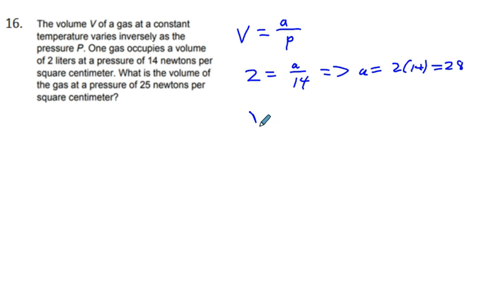So we have volume equals 28 over P. Now, volume is equal to 28 over 25, and so that's going to be it.